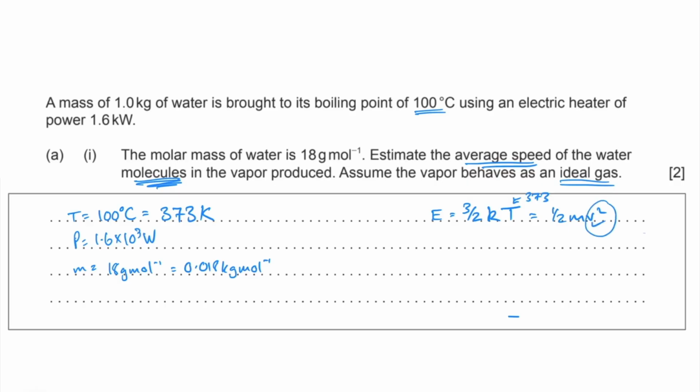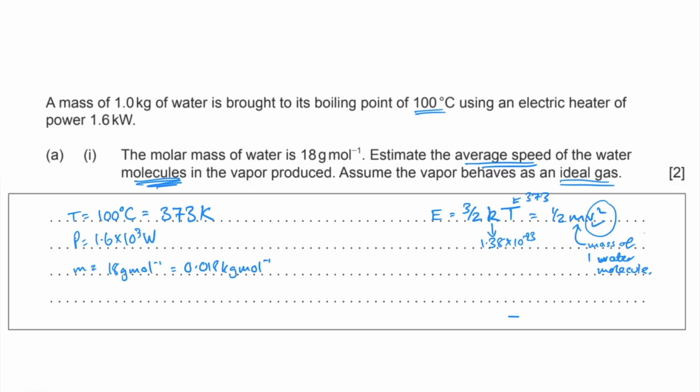So the only things we really need to know are, what's k? Well, that's a constant, and that's 1.38 times 10 to the minus 23. And m is the mass of one water molecule. So how do we know what that is?